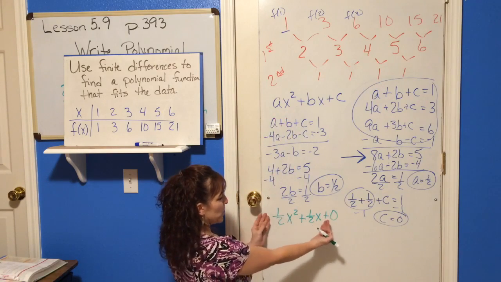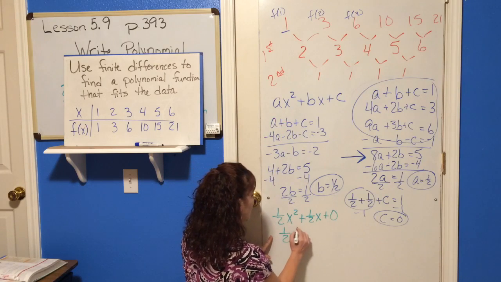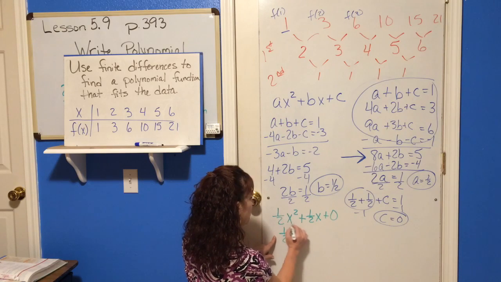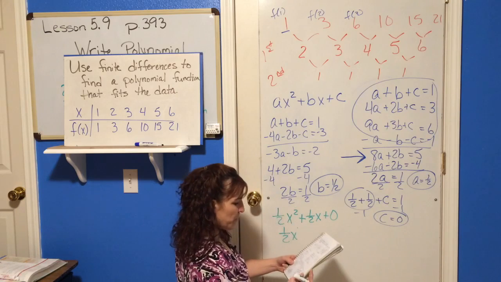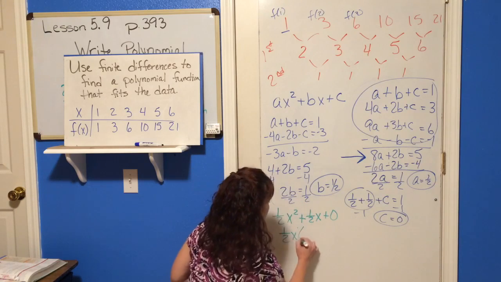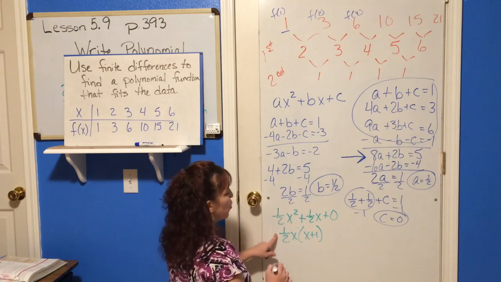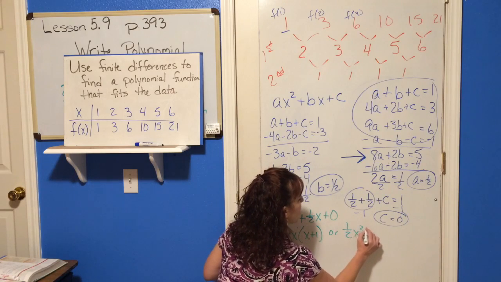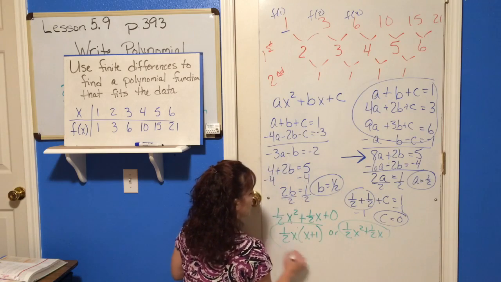So now we can combine that: 1/2 plus 1/2... Is that right? Oh dear, what did I do? Oh yeah, 1/2 x plus 1. There we go. If you wanted to leave it as 1/2 x squared plus 1/2 x, that's okay too. Either one of those is fine.